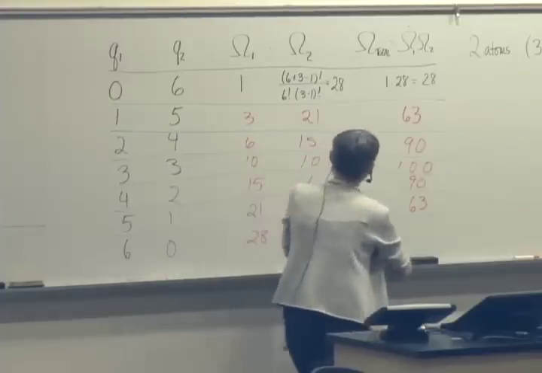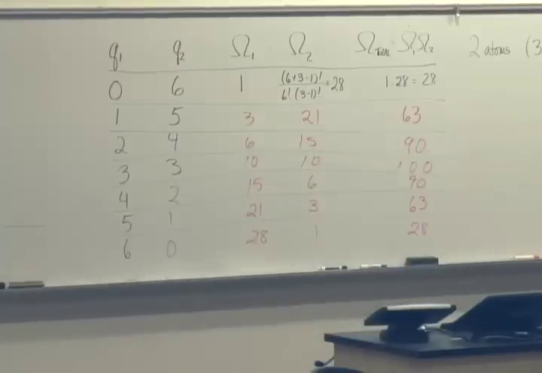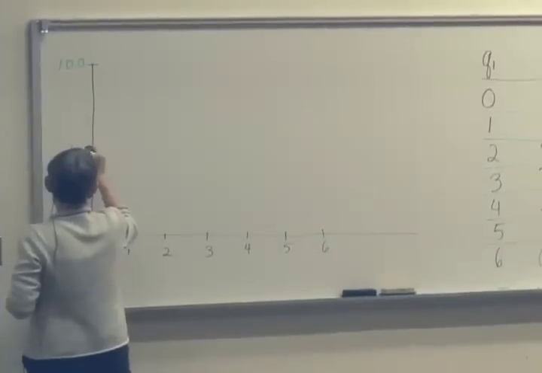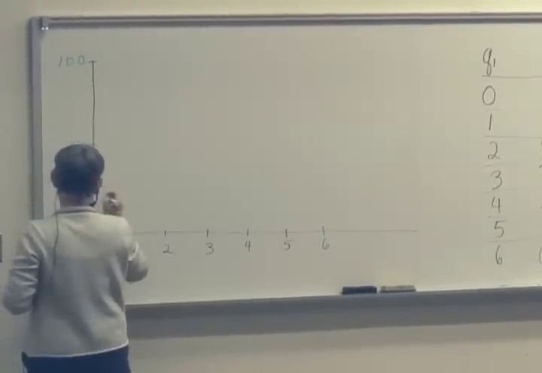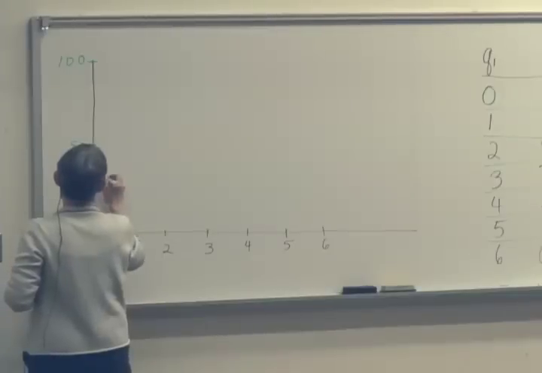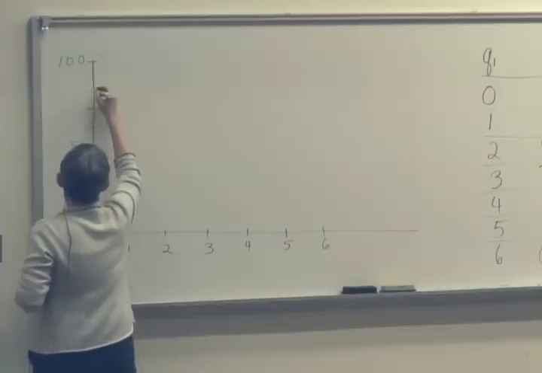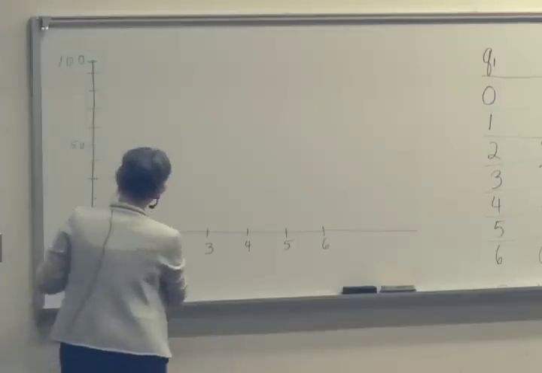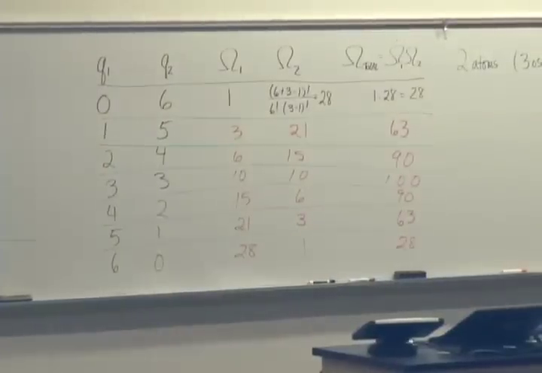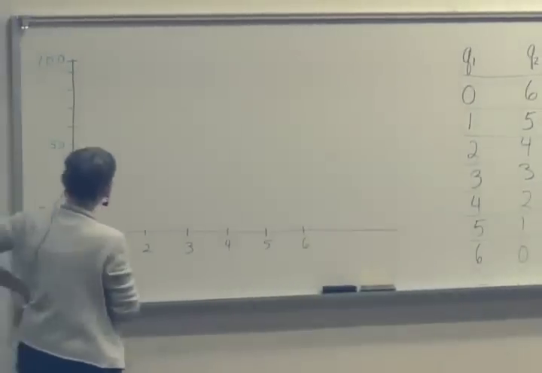28. Okay, so let's make our graph. It looks like the maximum is 100. That's 50. So for 0 in atom 1, we get 28. So that looks like our bar here.